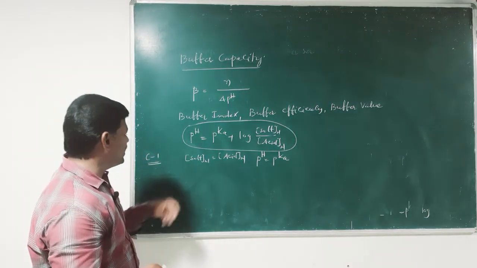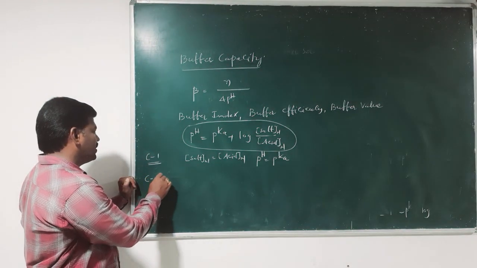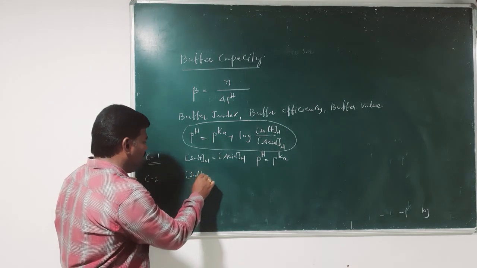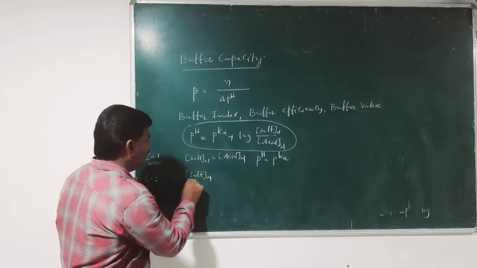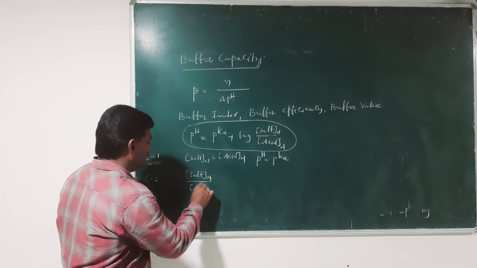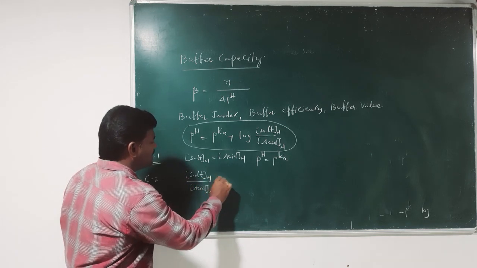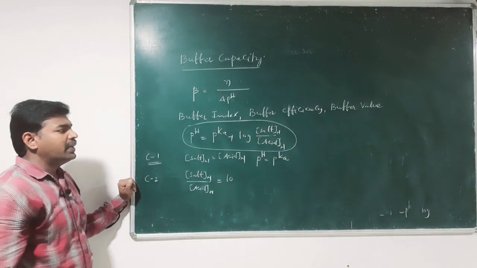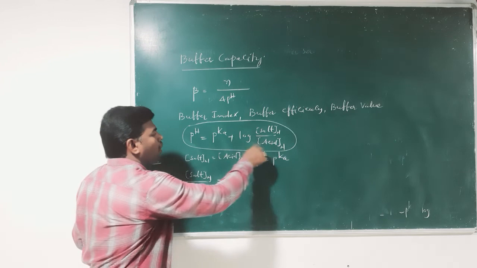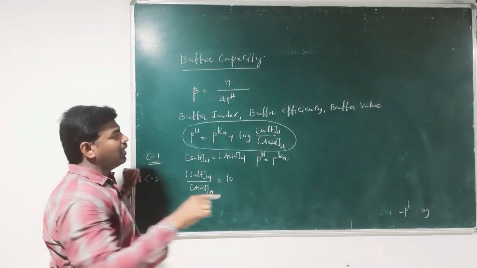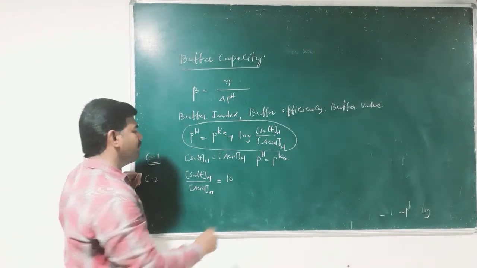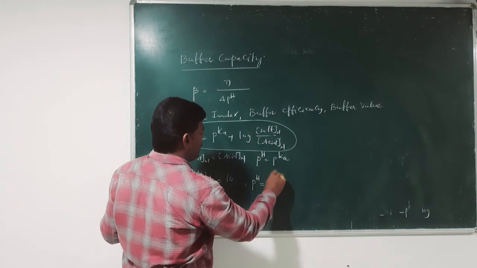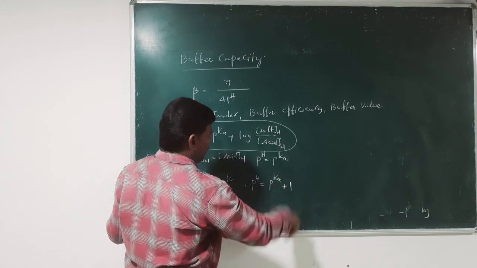Okay, let us see another case. Case 2: if concentration of salt by concentration of acid is equal to 10, then log 10 is 1, so pH is equal to pKa plus 1.